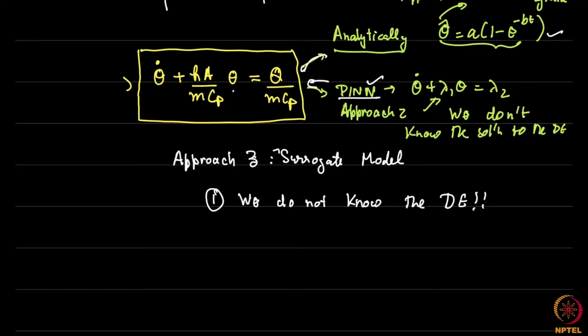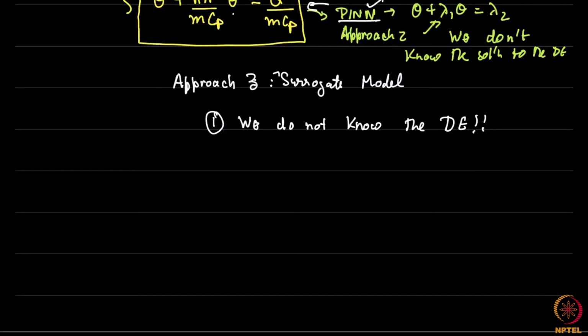But what happens if you don't know the differential equation at all? Then you use the surrogate model approach, or pin is too expensive, let's say, which can happen. So I didn't talk about numerical issues with pin.